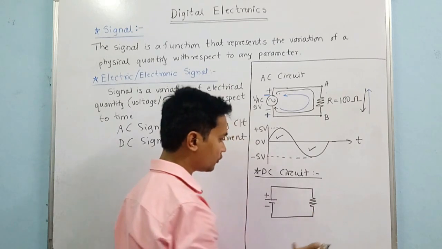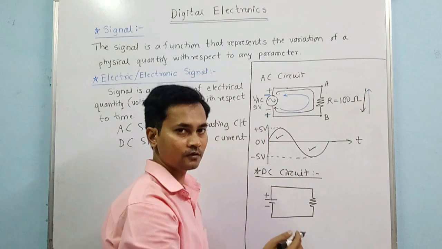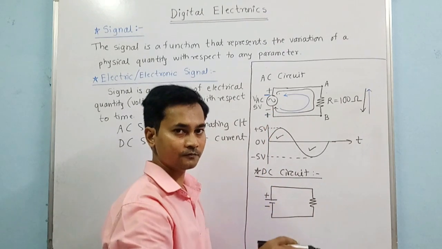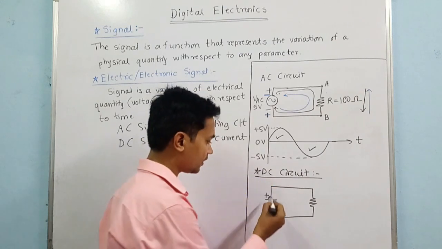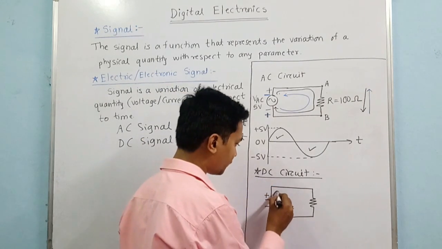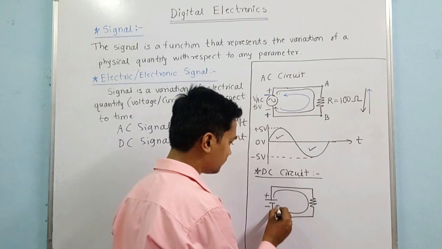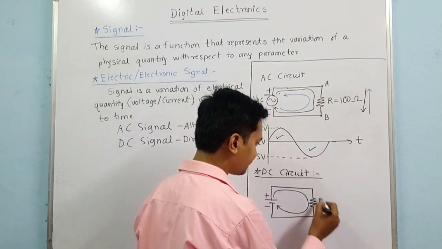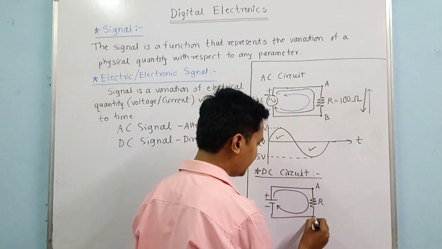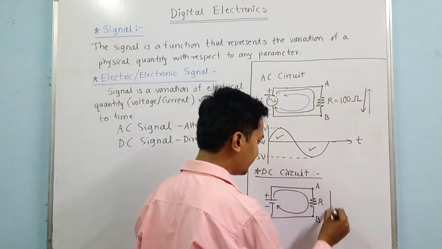So as we know, current always flows from the positive terminal to the negative terminal of the battery. So here the current flows from the positive terminal towards the negative terminal, and hence the current direction through this R ohm will always be A to B.